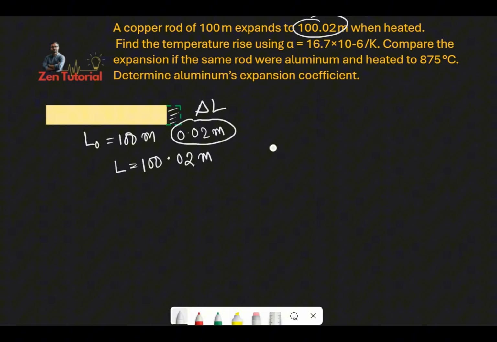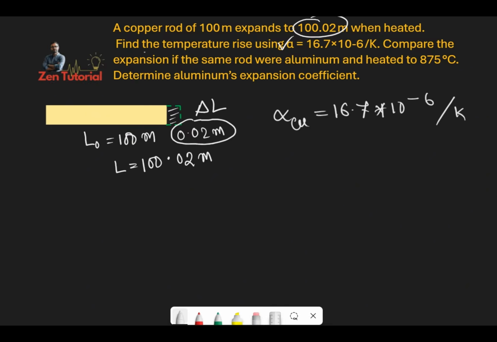The linear coefficient is given, and as this is copper, let's write down the subscript copper, alpha of copper is equal to 16.7 times 10 to the power minus 6 per Kelvin. What do we have to calculate?